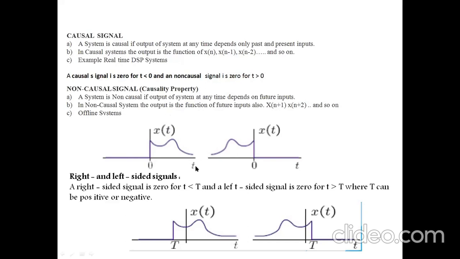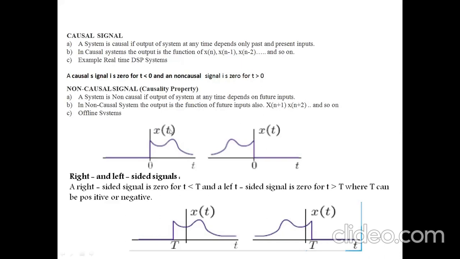See, this is a wave. Now, the definition: a signal is 0 for t less than 0 and present when t is greater than 0. Then that signal is called a causal signal.